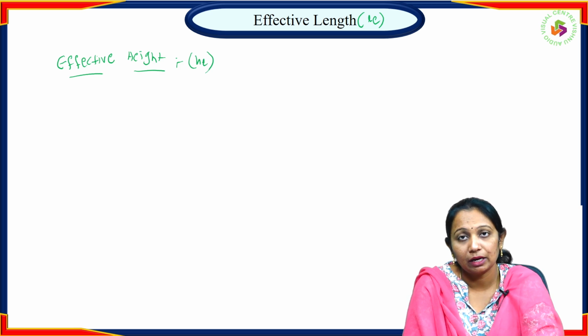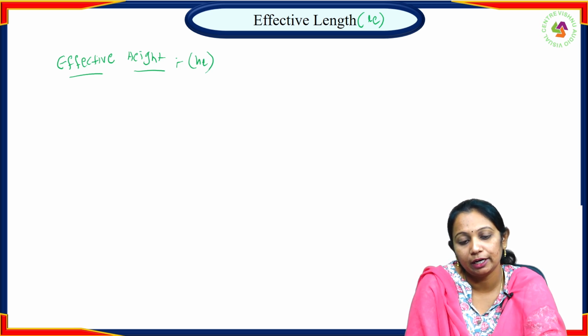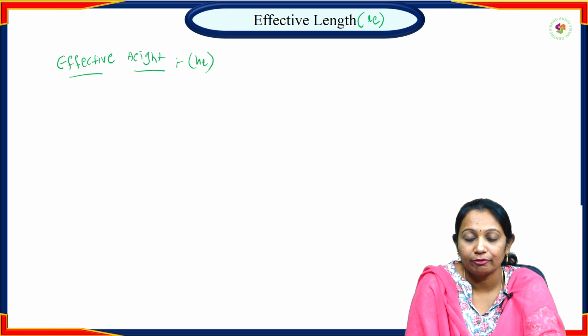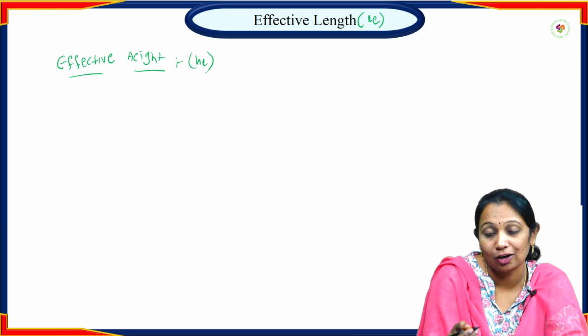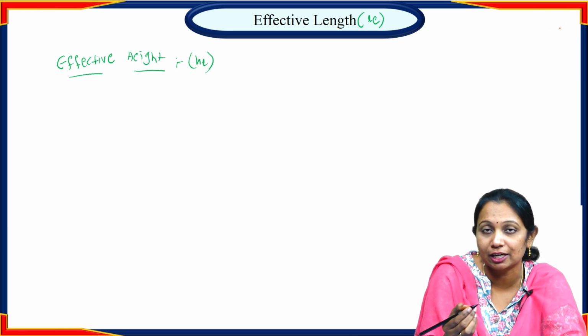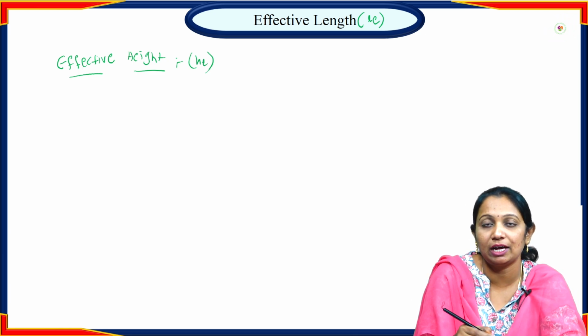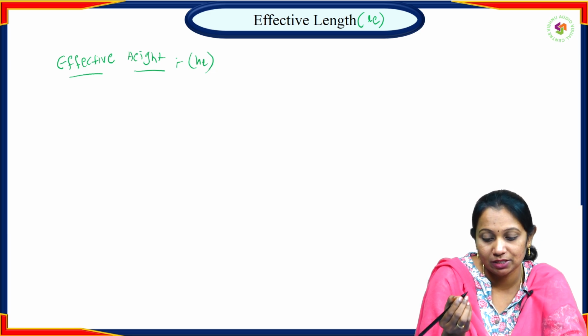Earlier it represented the effective aperture or area of the antenna. Here also, the effective height represents how effectively the antenna can be used as a receiving antenna or a transmitting antenna.